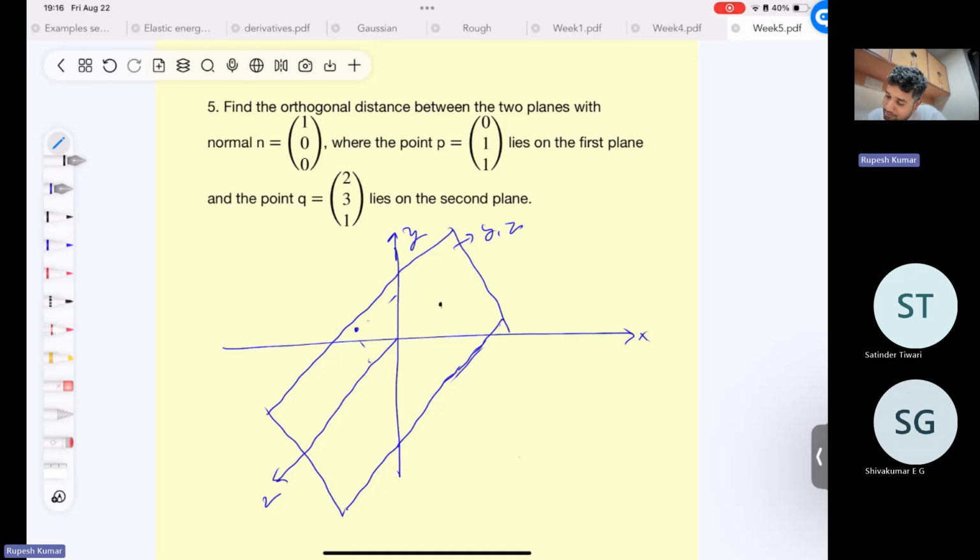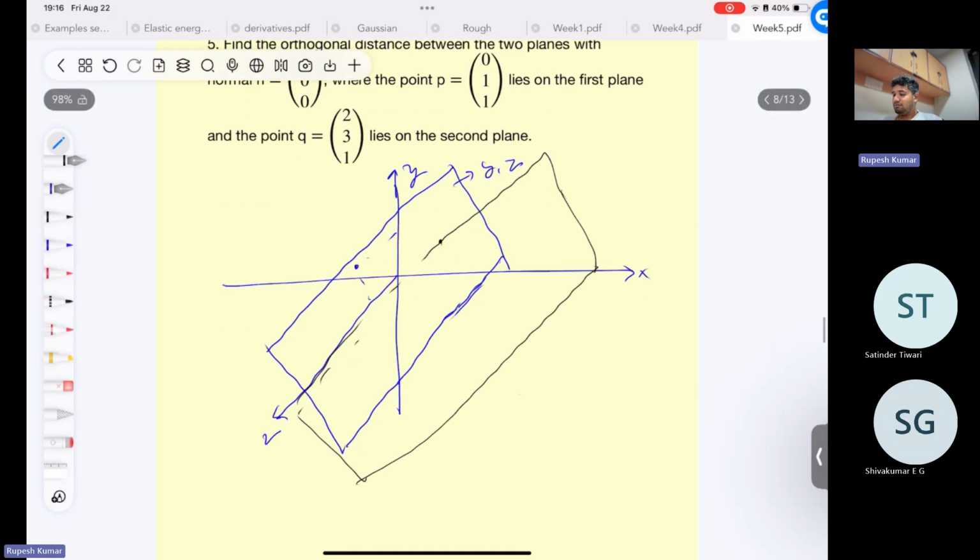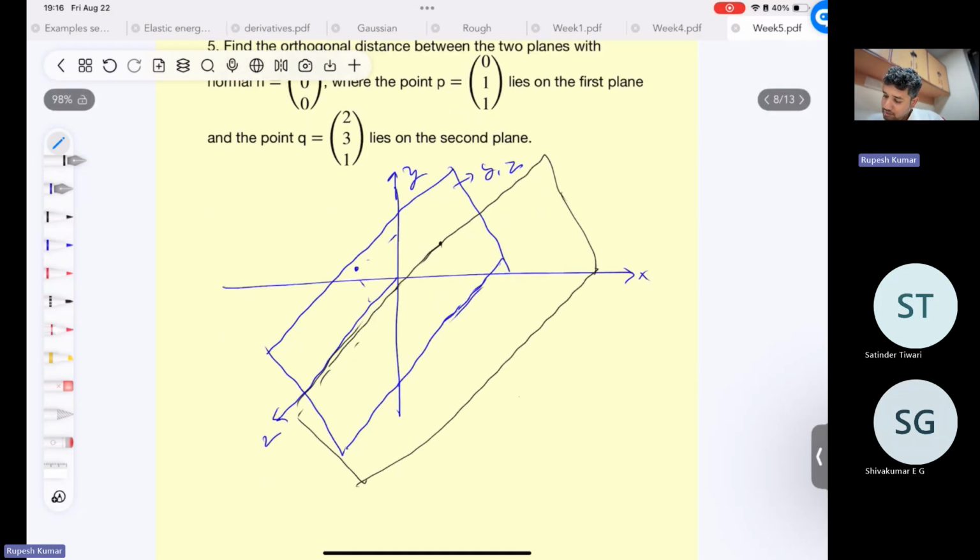So again, this will be a plane parallel to the previous plane, and you get this plane. Is this visible, everyone? Can you see the distinction between the two planes? So both the planes are parallel, right? You can see those planes. Fine, everyone?